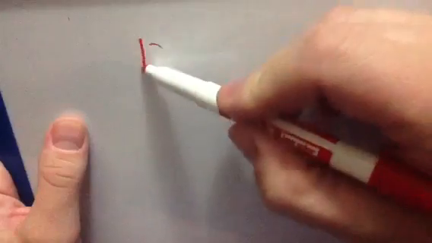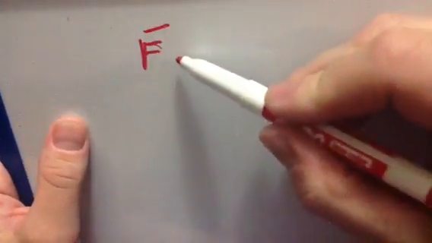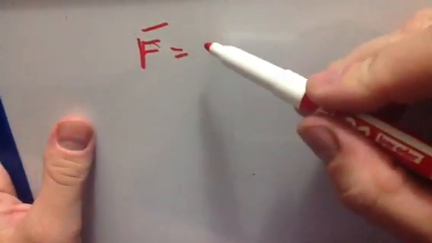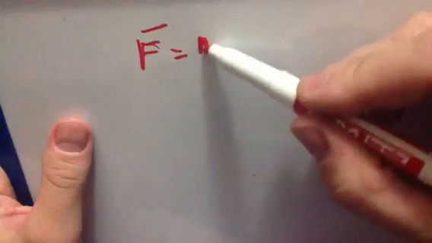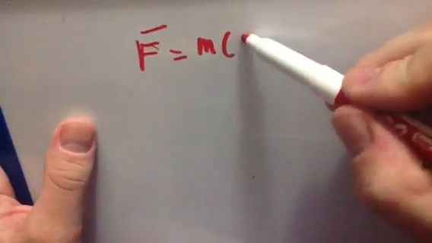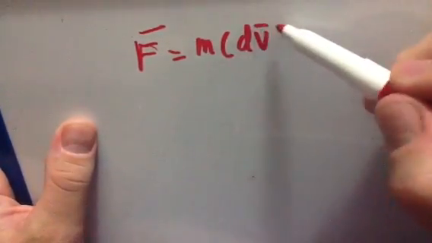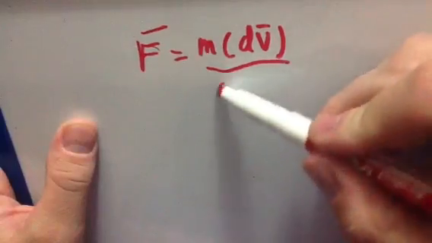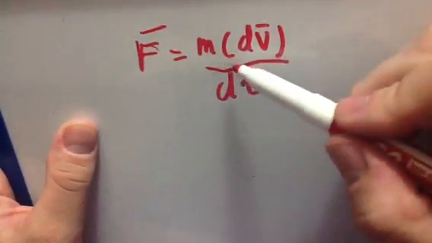I'm just going to erase all this here. Let's rewrite this as force equals, and I'm going to put mass on the outside, m, dv over dt.